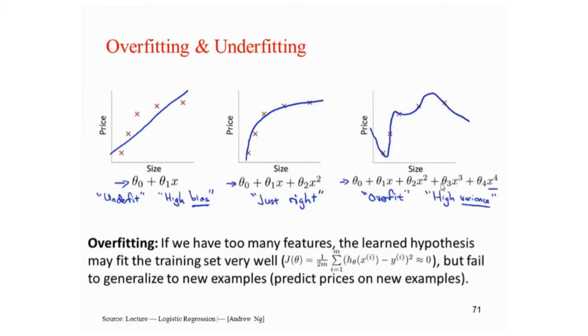But whenever you use it for the testing data set, the model is not performing well. What we basically try to do is generalize the model so that it works for all the testing data, new data points as well, not only for the training data set. So this is the case of overfitting, high variance.